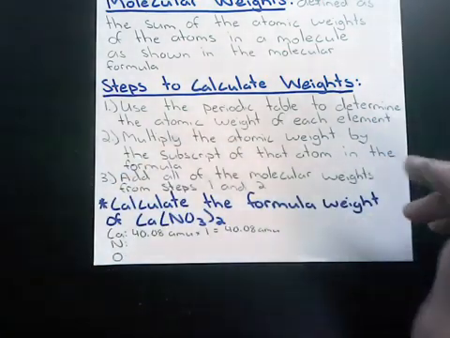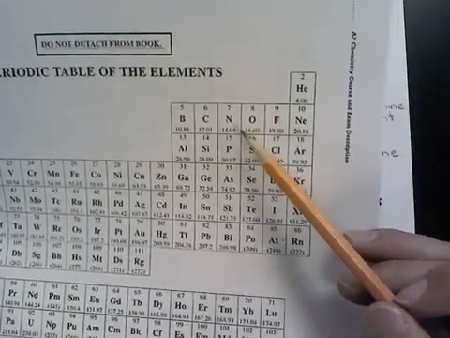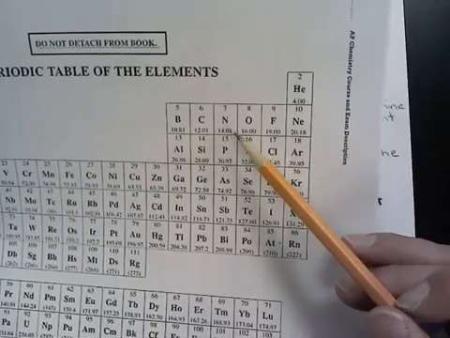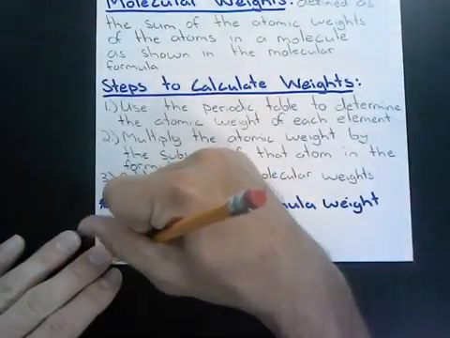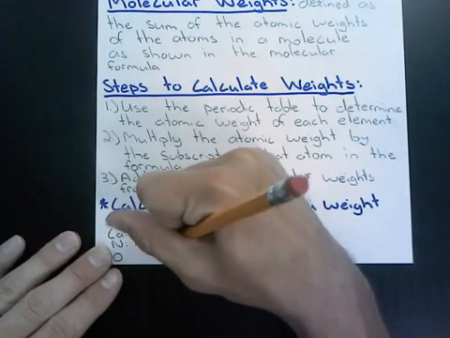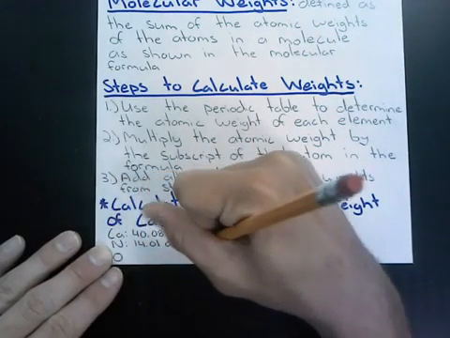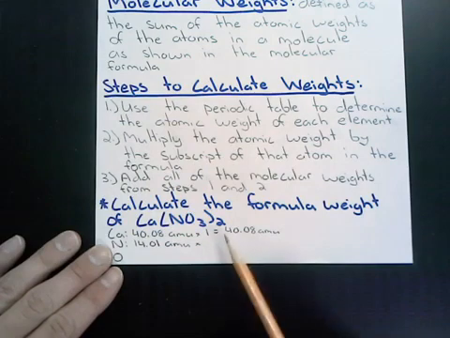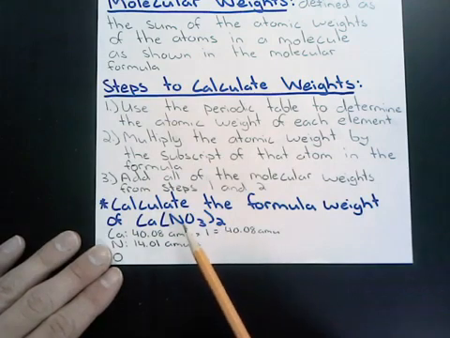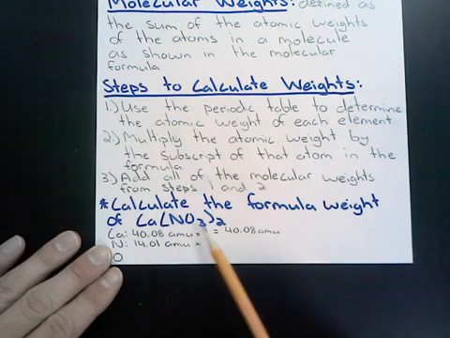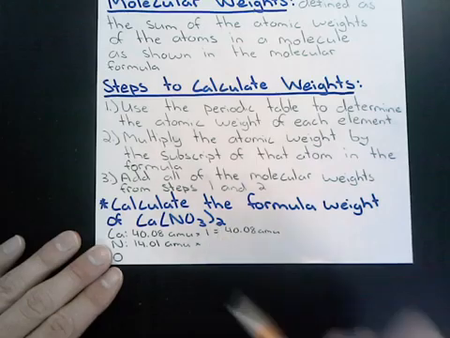Now for nitrogen, we do the same exact thing. So we go over, we find N for nitrogen, and we see that it has an atomic mass of 14.01. So we end up with 14.01 atomic mass units times the number of nitrogens we have. Now we have to be careful because we have 1 N that gets multiplied by 2.